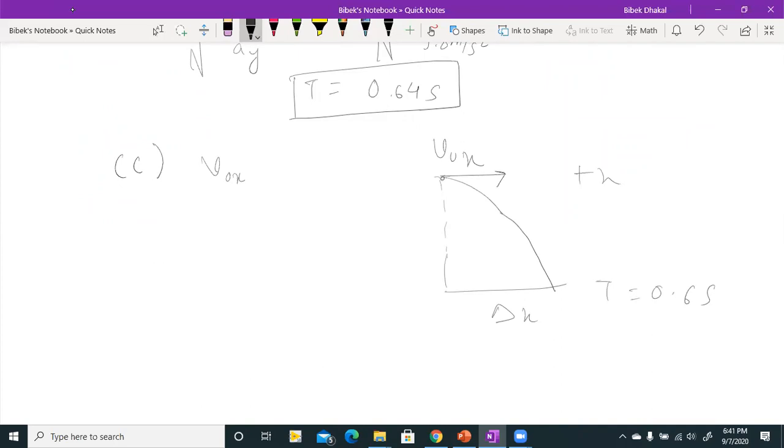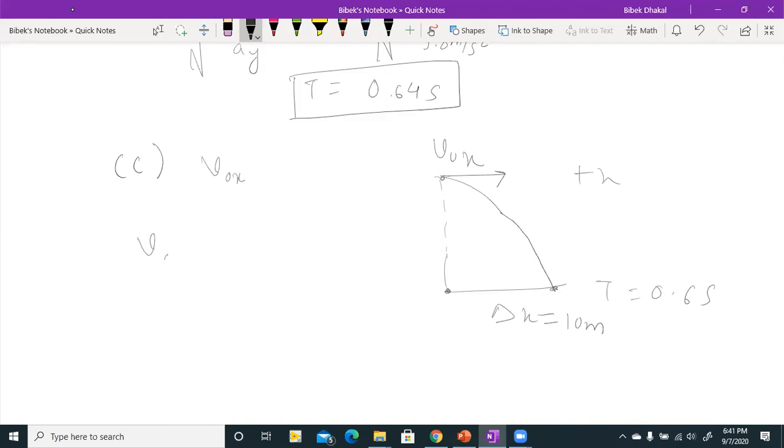So when you used to find the range, you used delta x and time, and if you had velocity, you could find the range. But in this case, it's asking you the exact opposite. You are given the range, and you need to find the velocity. So the range is 10 meters in this case.